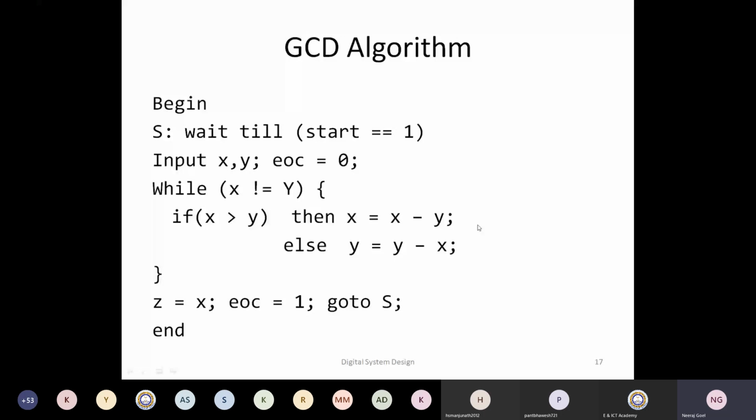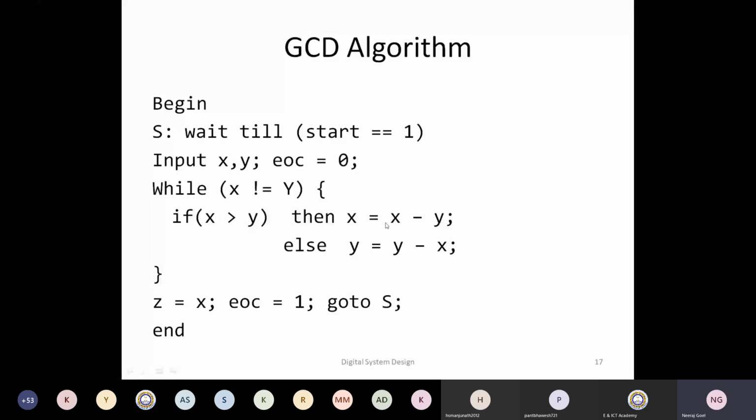Similarly, this comparison and this comparison would be done in different cycles, so we would require only one comparator. Now to store the intermediate values, we would also require at least 3 registers, one for x, another for y, one for z, and also a 1-bit register for end of computation. Plus, to connect all of these things, we would also require some multiplexers, etc.